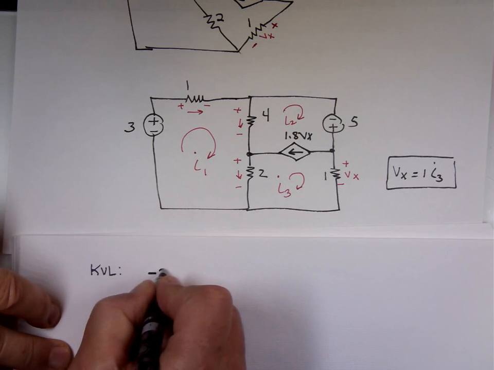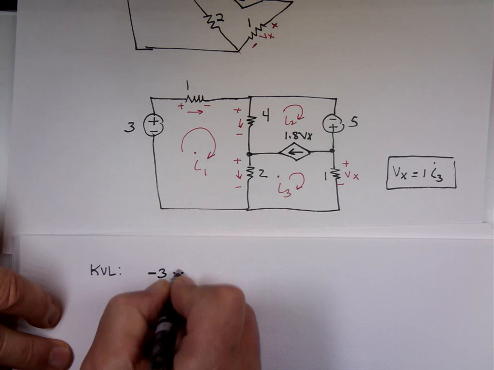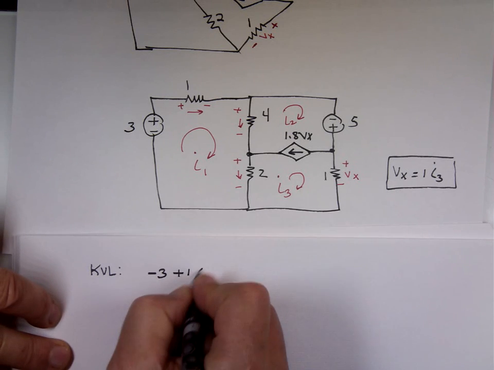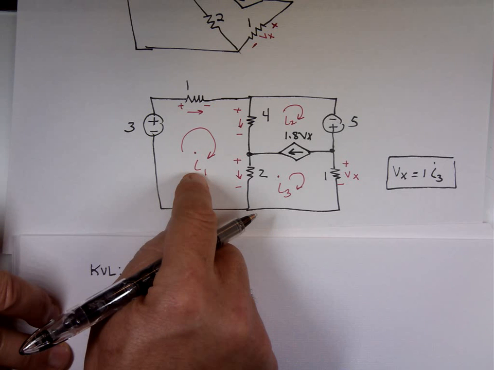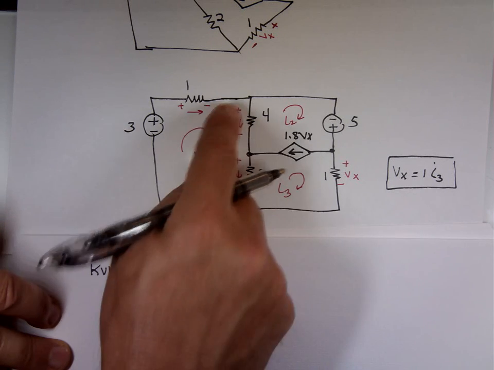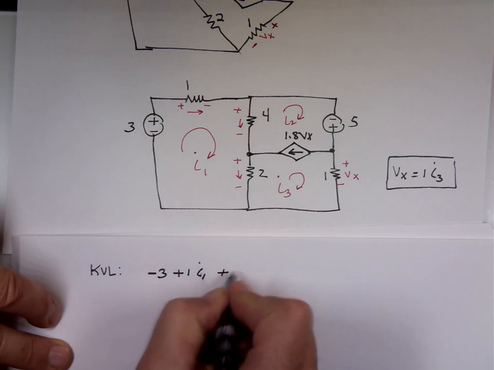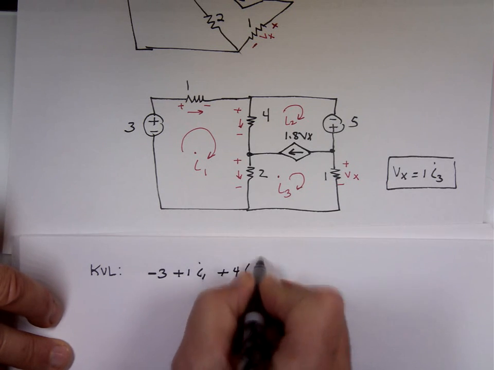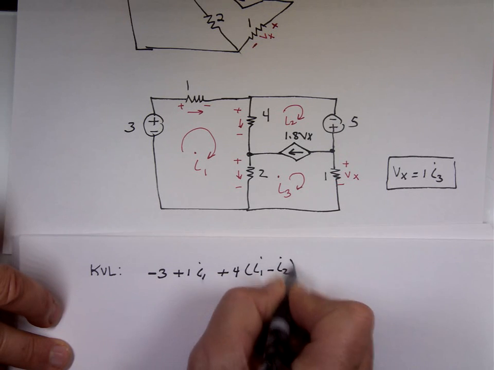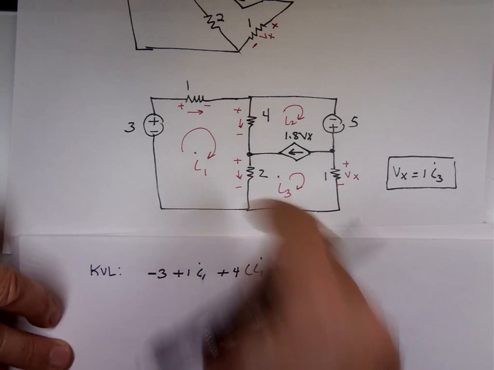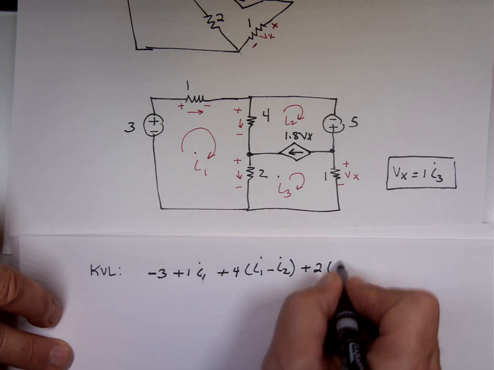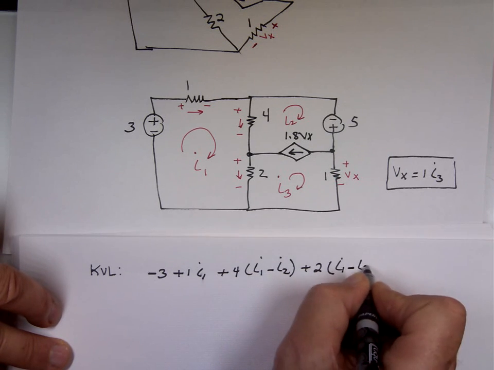Plus 1 times the current to the right. What's that current to the right? I sub 1? Plus to minus. What's the current down here? I1 minus I2. I1 minus I sub 2. What's the current down? I1 minus I3. How about I3? Right? I1 minus I3? Yep.